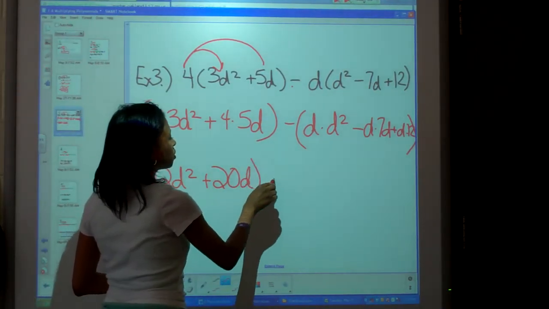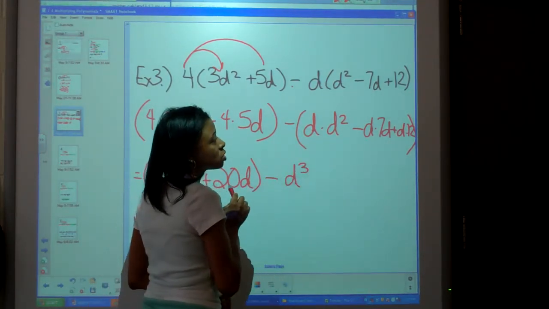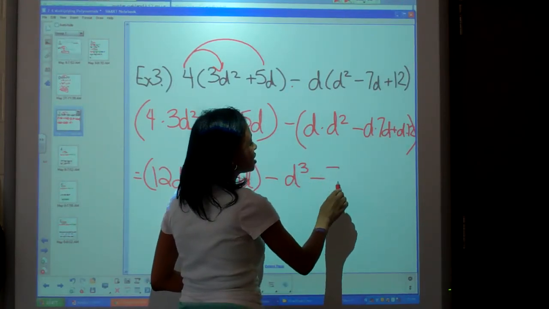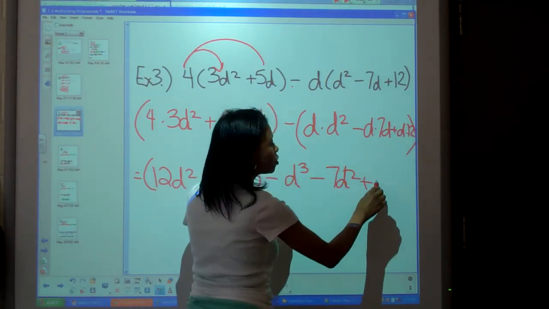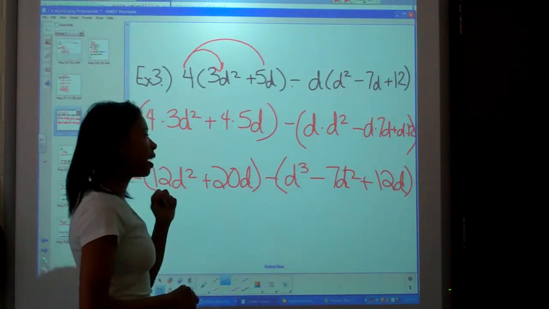Alright, and we can use the parentheses: minus d times d squared is d cubed, minus d times 7d is going to be minus 7d squared, plus d times 12 is going to be 12d. And I'll use parentheses for that.